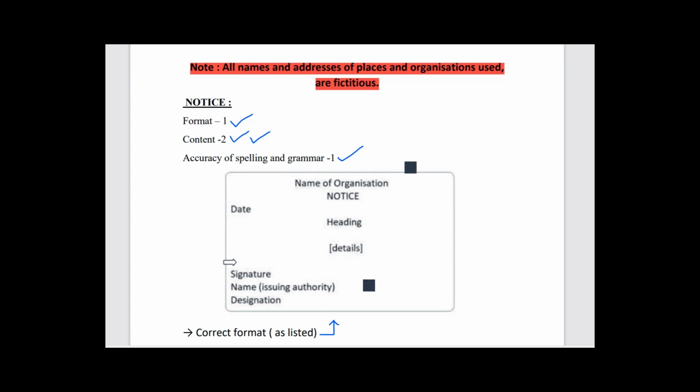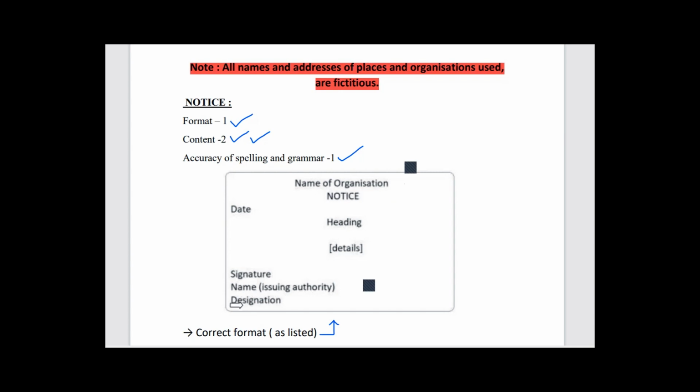Post writing the paragraph, you sign off with a signature. Is this mandatory? No. However, what is mandatory is that you definitely write your name, which is also known as the issuing authority. Issuing authority, the person who is issuing the notice on behalf of the organization.